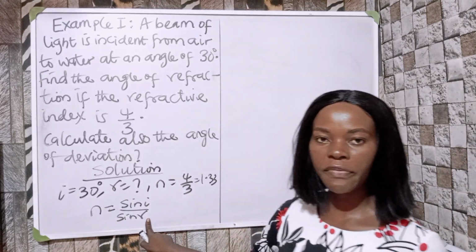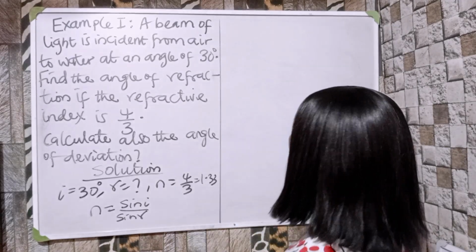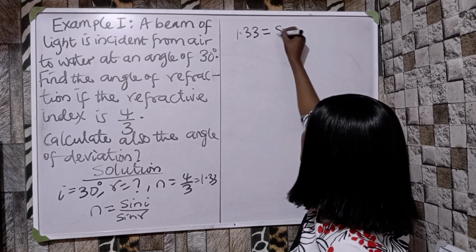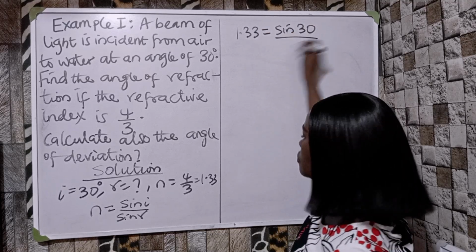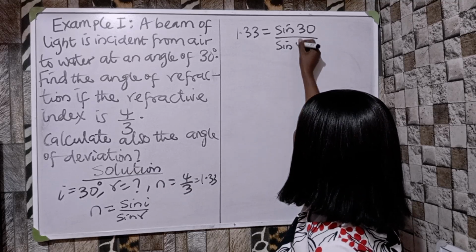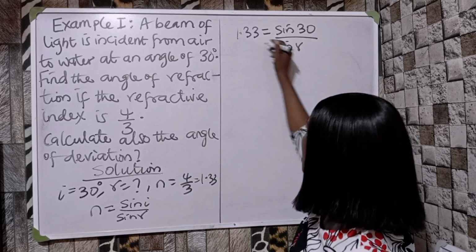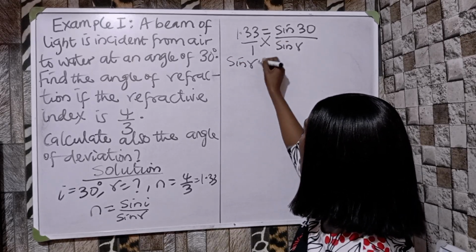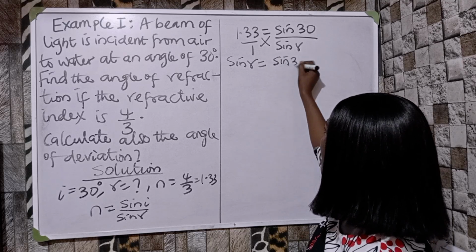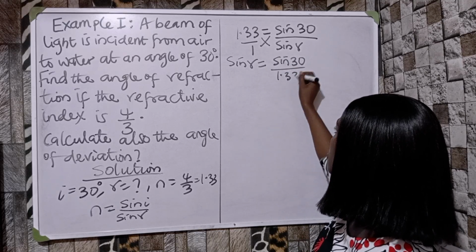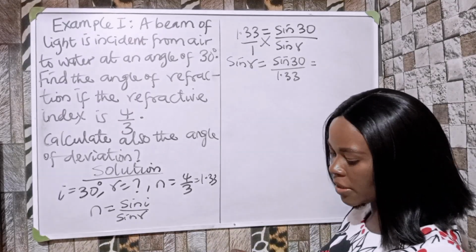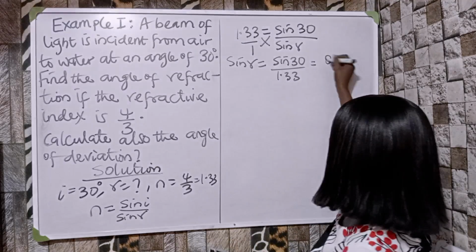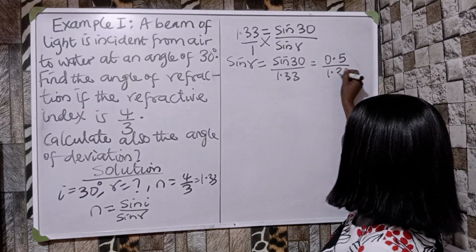They ask to find the angle of refraction, which is R. Using our formula, we have 1.33 is equal to sine 30, which is my I, divided by sine R. Since I am looking for this, I will say this is over 1, cross multiply. Sine R is equal to sine 30 over 1.33. Okay, so let's find out what sine 30 is. Sine 30 is equal to 0.5.